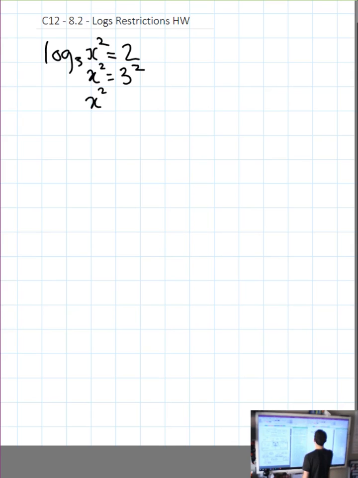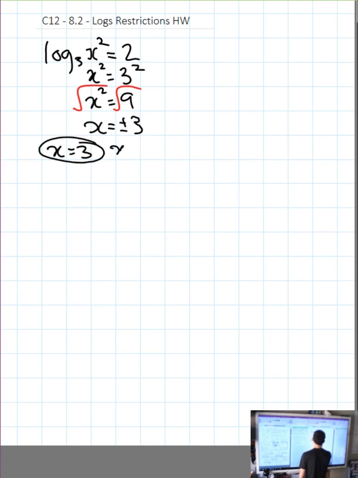So x squared is equal to 9. Now I'm going to square root both sides, and remember that x is equal to plus or minus 3. So I'm going to state those answers side by side. x equals 3 and x equals negative 3.